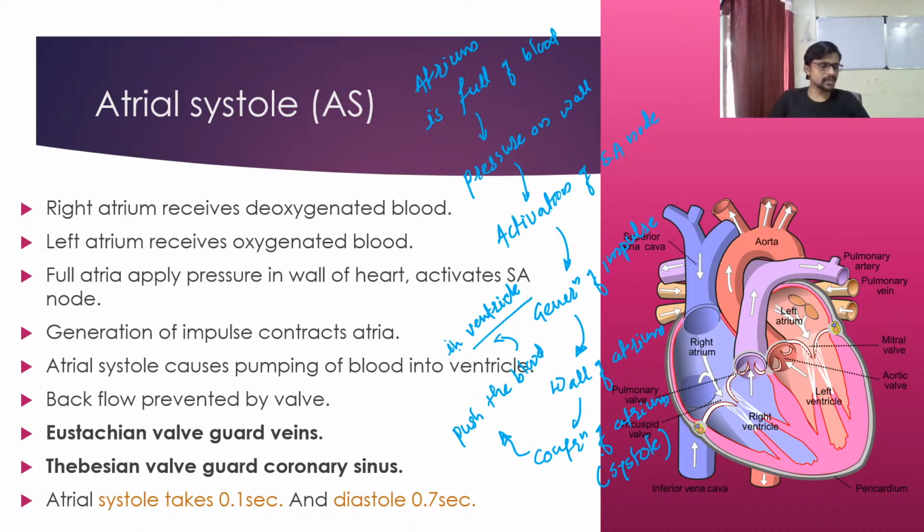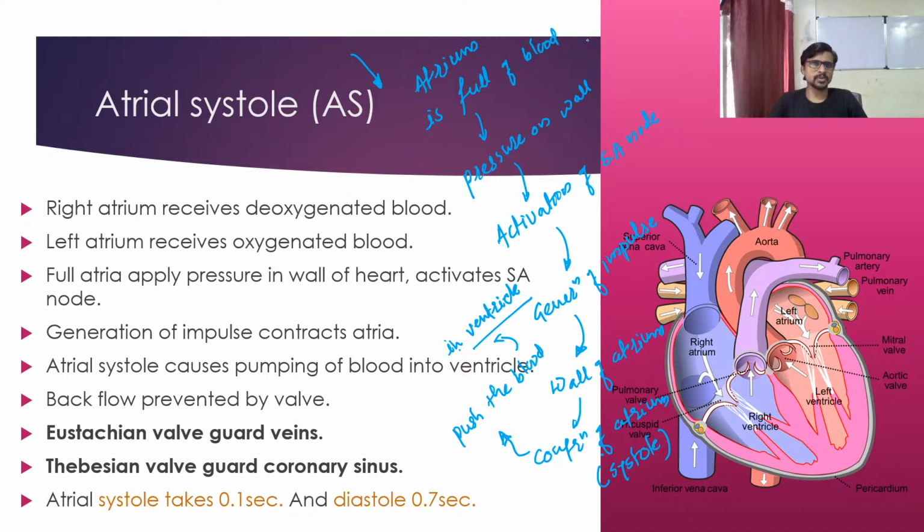This is the sequence by which the blood comes inside the atrium and then enters the ventricle. So guys, please write it the way I write it. This is the way you can make notes.